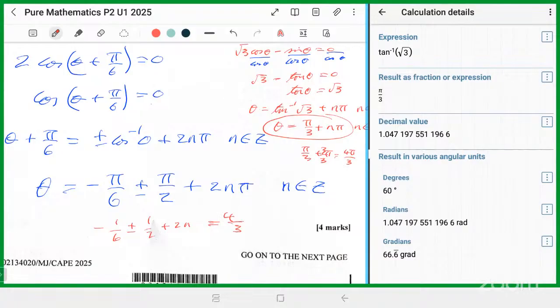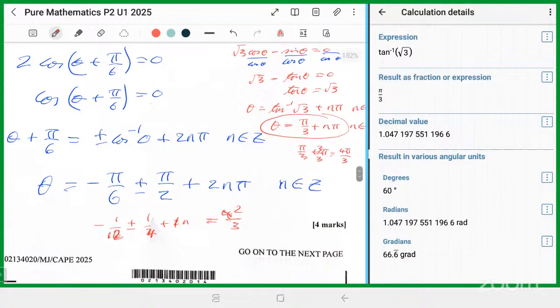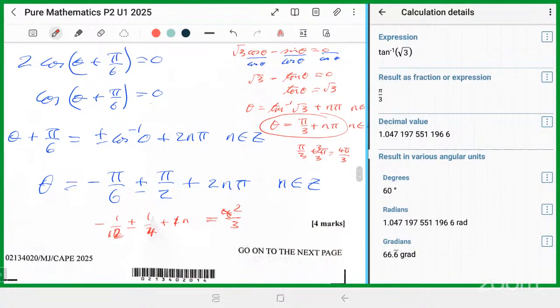So if I divide by 2, this becomes 3 over 3, this becomes a quarter, becomes 1 over 12. The n, well, I can take this minus and move it over, and make it plus 1 over 12. Let's see if I'm getting an integer for the bottom.